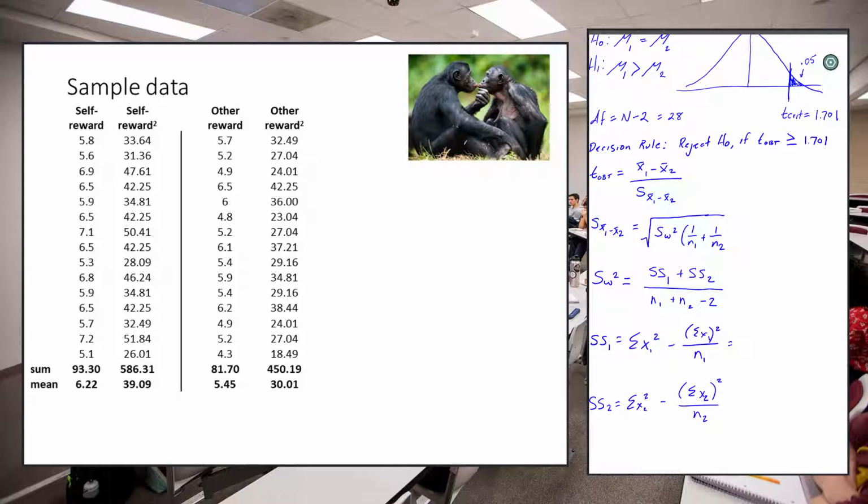Okay, so let's compute the sum of squares for the self-reward condition, which was condition 1.